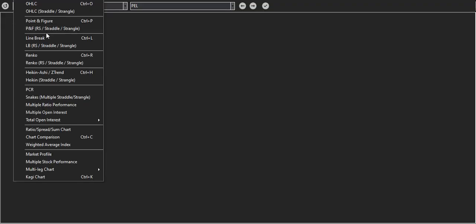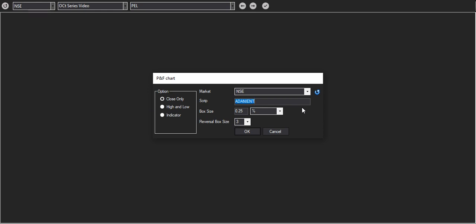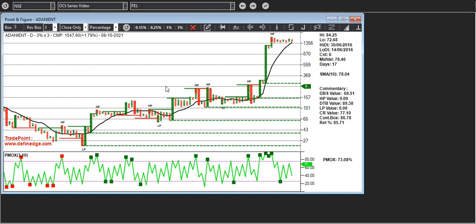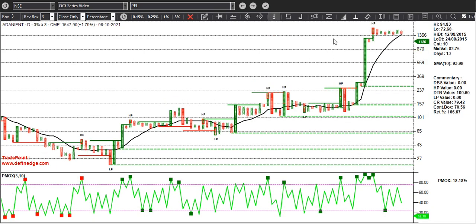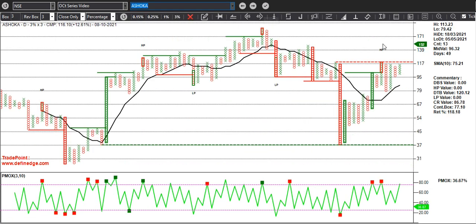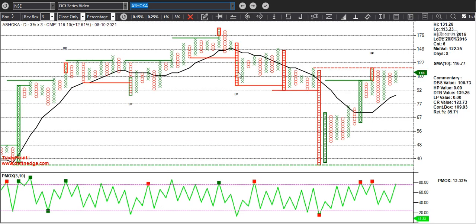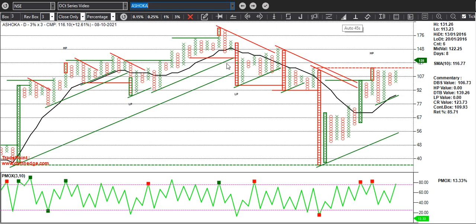As usual, we'll check these stocks on 3% charge. October series is there. Ashoka. Let me also plot the 45-degree trend lines.